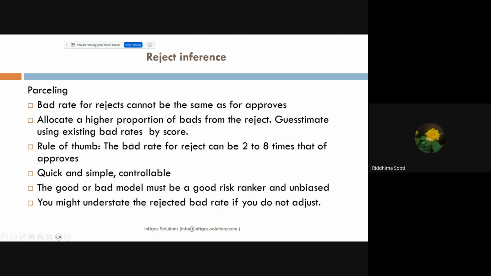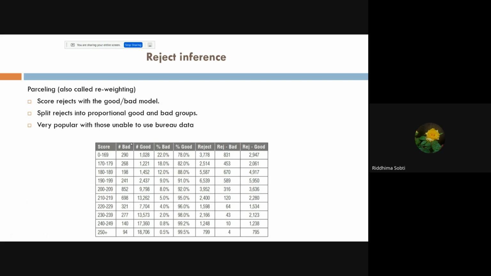Sir, I have one question here. If we have a through-the-door population, and we have the accept and reject population on the basis of some cutoff, you are saying that the accepted population has known good and known bad only. And what about the rejects who have been rejected by us, but for whom we have the bureau performance? We would ideally want to include them also.